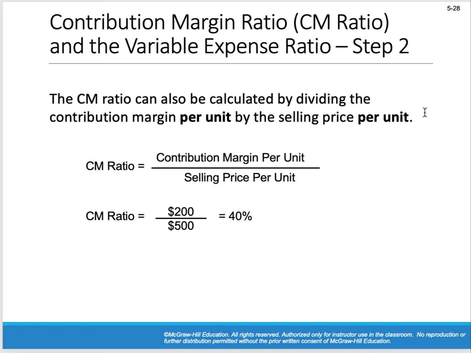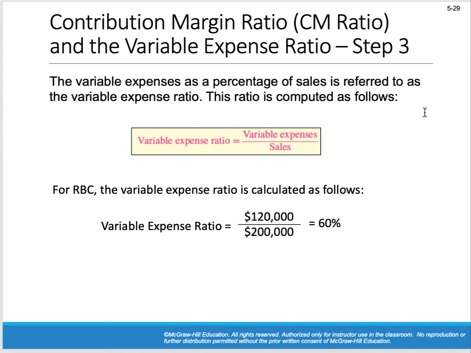What that means is if we have totals, we don't need to break it down per unit to figure out what the CM ratio is. We can use those totals. Or vice versa, if we have per unit, we don't need to calculate total sales, total fixed or total variable expenses and divide those. We can do it on a per unit basis as well.